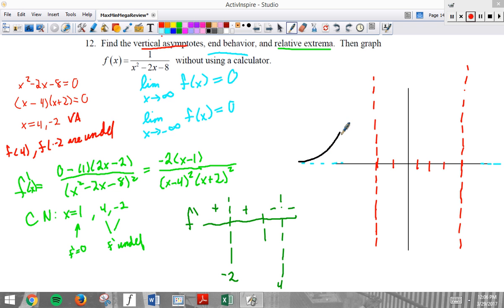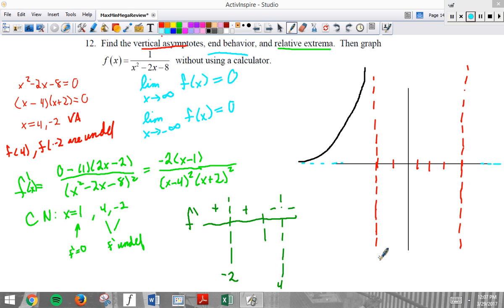Now, you can verify this by noticing this can't have any x-intercepts. Why not? Because there's nothing that would make the top equal to 0. You don't need to notice that, though. Again, this is just the most logical thing to do. It can't start down here and be like this, okay? It can't be like this, because then it would decrease and then increase. It's starting above the x-axis and will stay above.